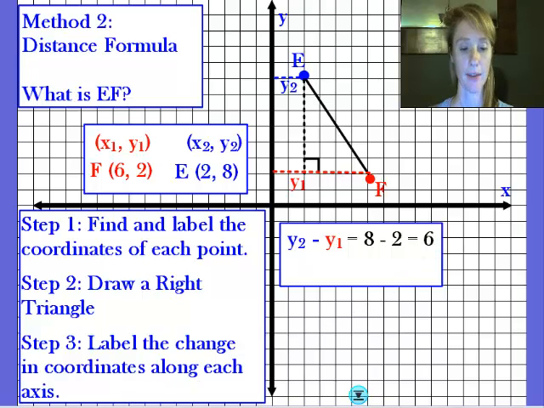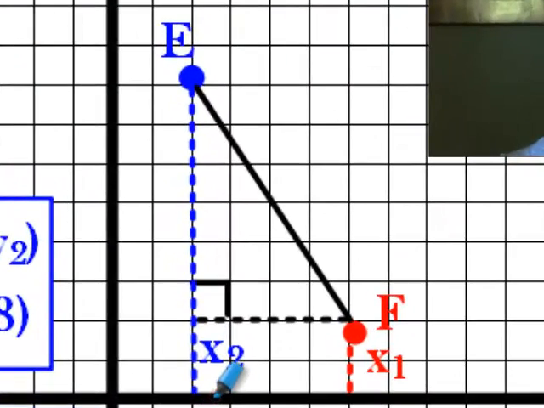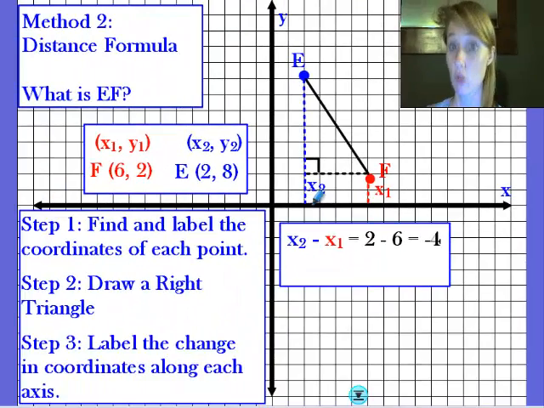Great. Let's do the same thing along the x-axis. I'm going to start at point E, which has x-coordinate x2. And I'm going to travel along the x-axis to get to point F. Just staying along the x-axis. So x2 is 2. That's the value of that coordinate. And x1 is 6. So I've traveled a length of 4. But mathematically, the difference of x2 minus x1 is 2 minus 6, or negative 4.